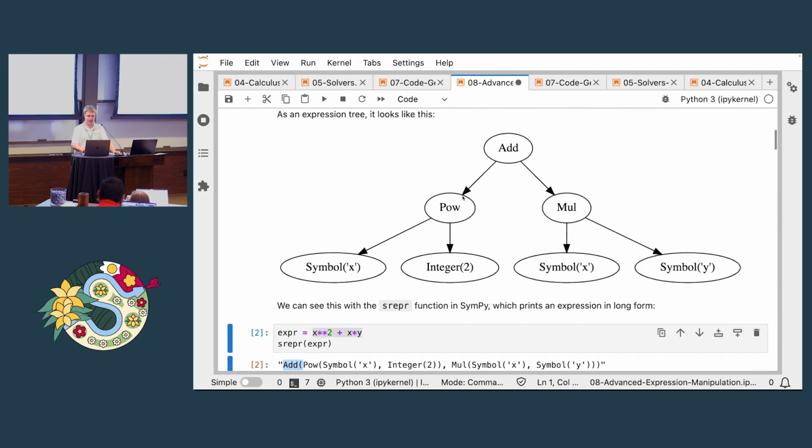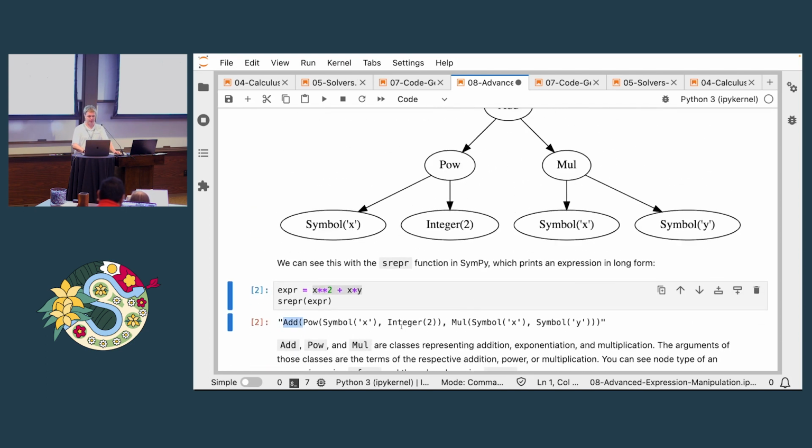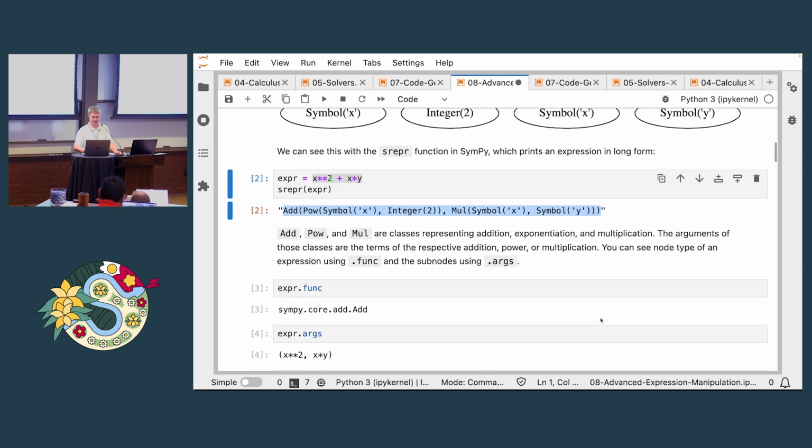If we break this apart, it's the same as this graph. Pow is short for power, so a power of x and 2 is x to the power of 2. Then a Mul, which is a multiplication of the symbol x and the symbol y. Both of those are the arguments to Add, which is the class for addition.